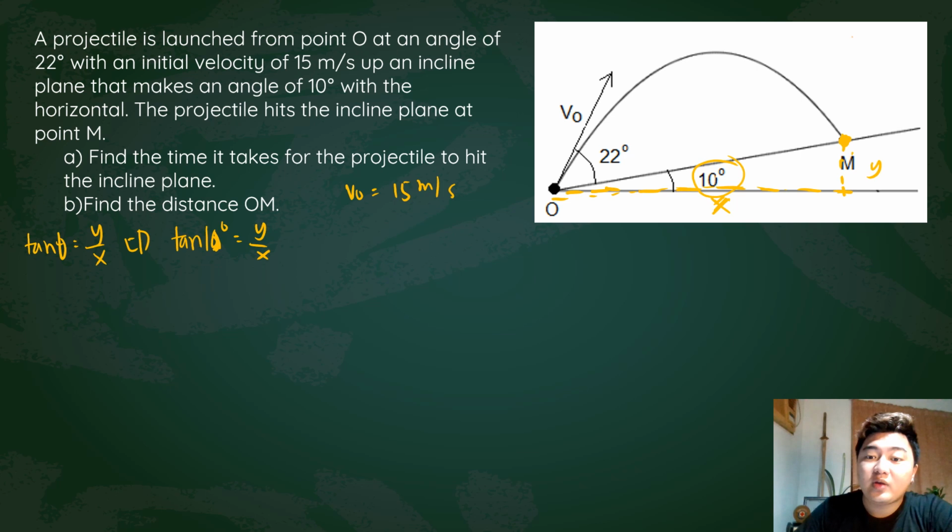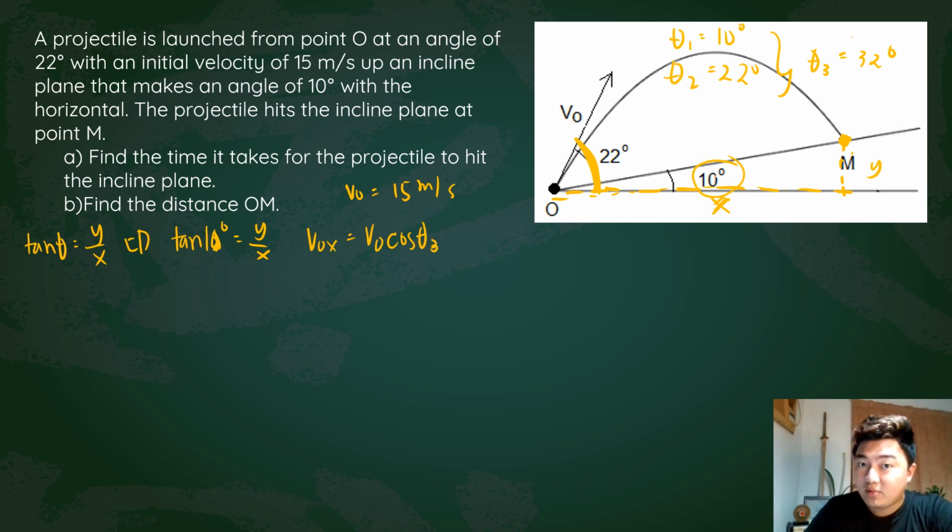So therefore, we need to combine your angles. So if your angle 1 is 10 degrees and angle 2 is 22 degrees, then the angle that we need to use is 32 degrees. So to solve for the x component of 15 meters per second, that will give you initial velocity times cosine angle 3. We'll be using angle 3. And for your y component, that's v0 sine angle 3.